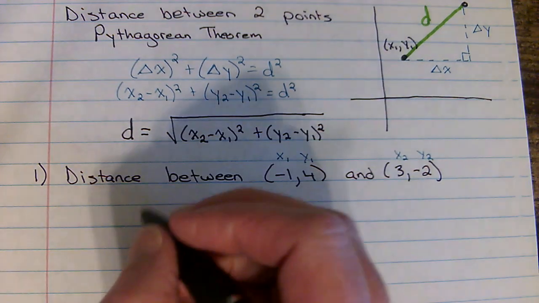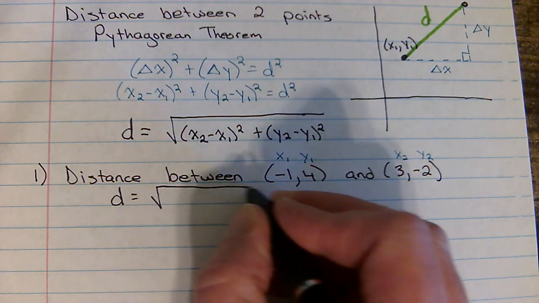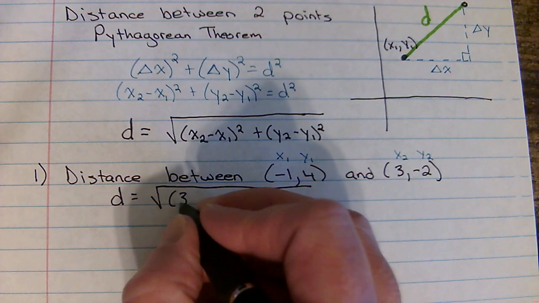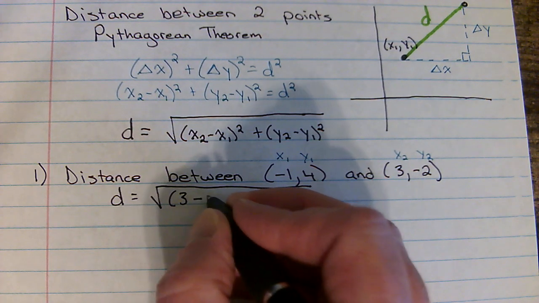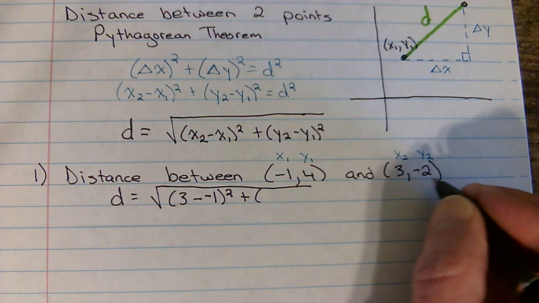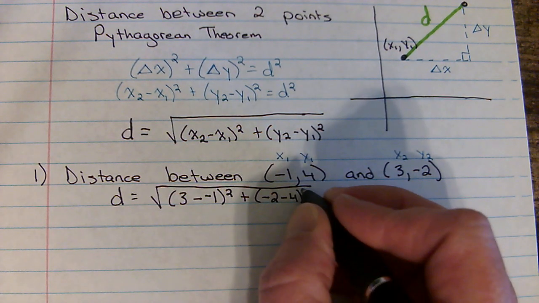So using the distance formula, we would have the square root of x2 minus x1, so 3 minus a -1 squared, plus y2 minus y1, so -2 minus 4 squared.